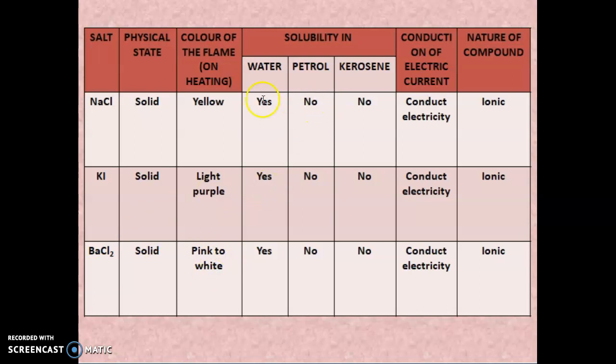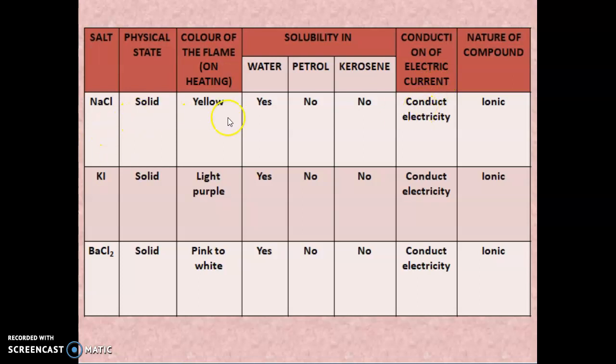Next, solubility in water, petrol and kerosene. Sodium chloride is soluble only in water. In petrol and kerosene it is insoluble. Potassium iodide is also the same: soluble in water, and insoluble in petrol and kerosene. Barium chloride is also the same: soluble in water, insoluble in petrol and kerosene. Next, the conduction of electric current.